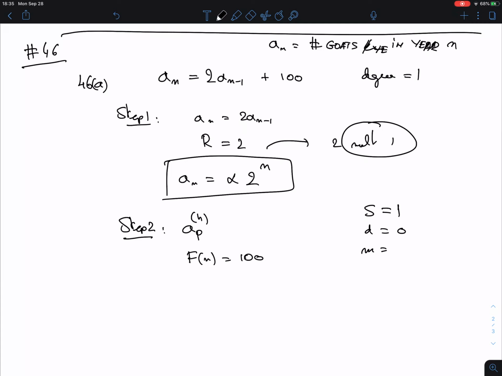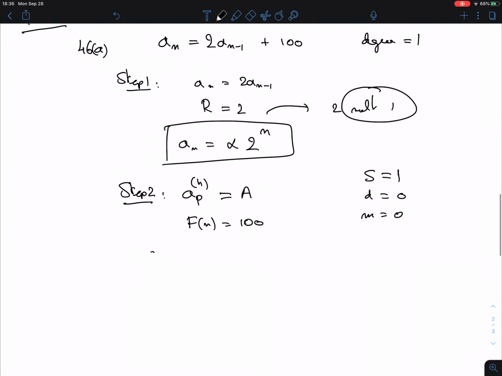That's not a root of our characteristic equation. So m is 0. So we know how the particular solution looks. Let me write it here. There's no power of n. d is 0, so that is just a constant, a general polynomial of constant degree times 1. So it's just a.